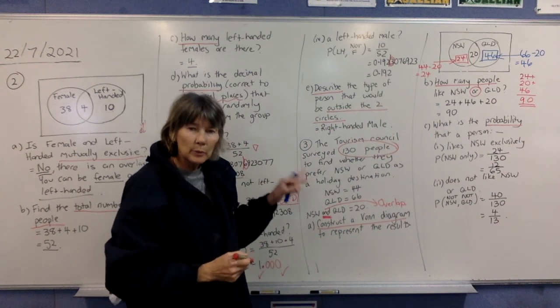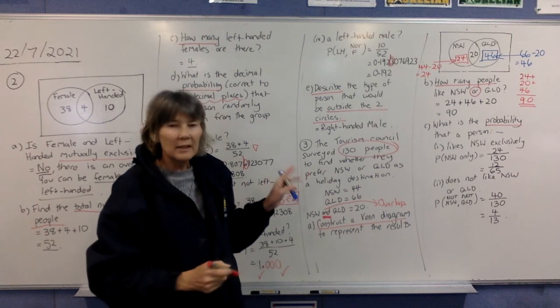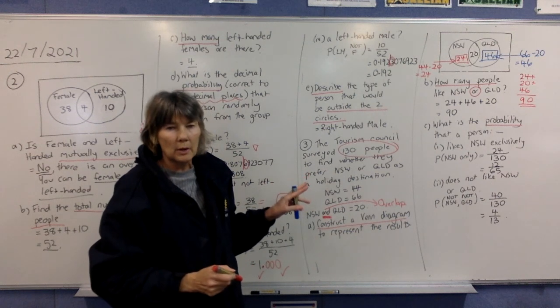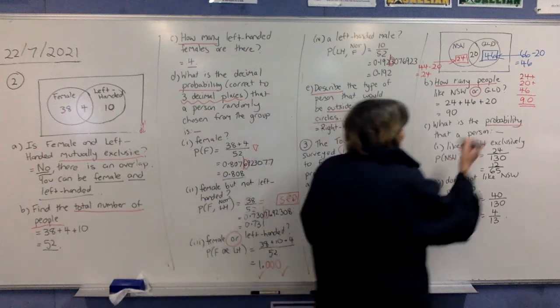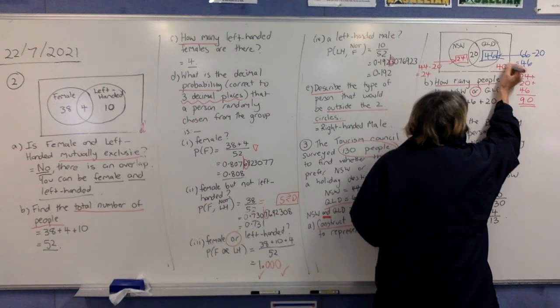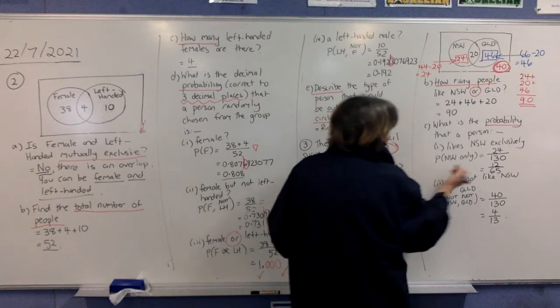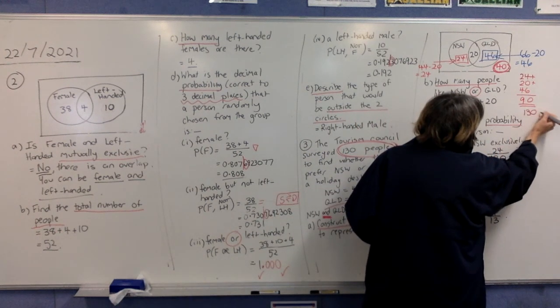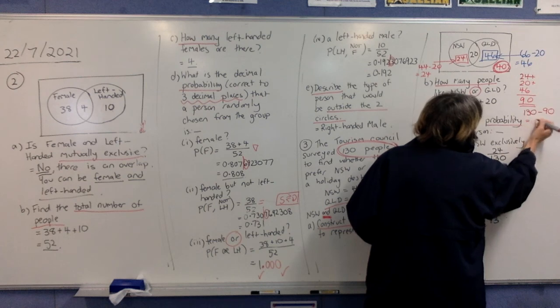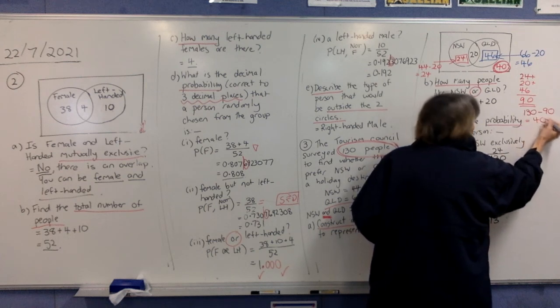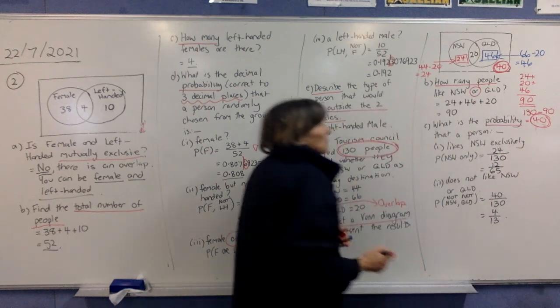So that means the rest of those people didn't like New South Wales or Queensland as a holiday destination. So they're floating around here. Alright? So we've got 130 people that we have to make sure are in the diagram. Take off the 90 we already have, and there's your 40 people.